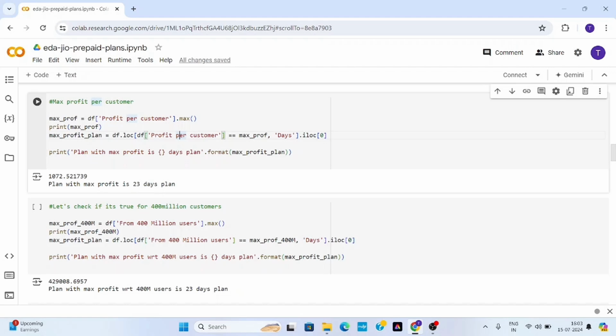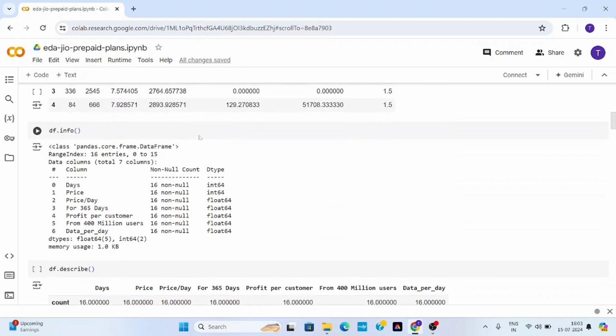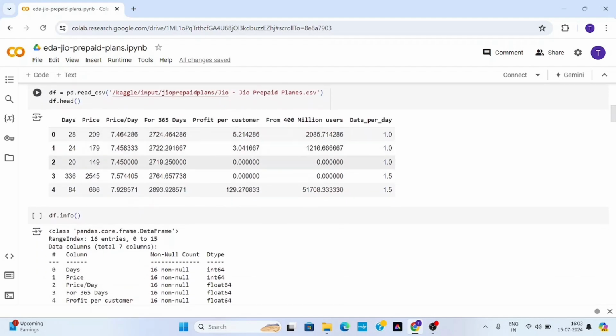It is 1072. So I'm going to search for the days where the profit per customer is equal to 1072. I'm searching for this value, and if I find it, I'm going to look up the days for that.